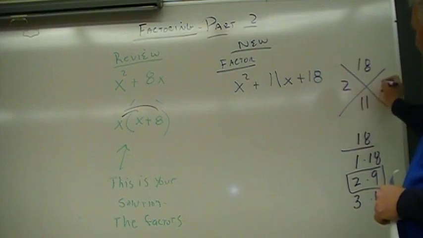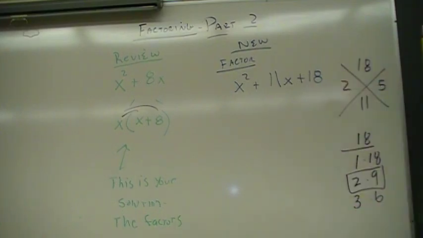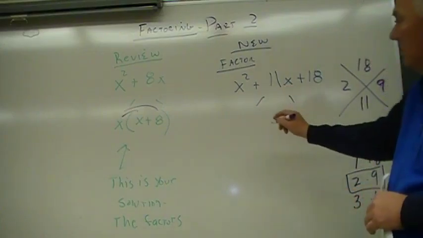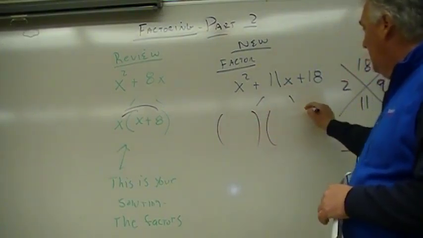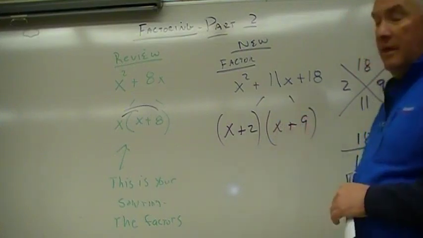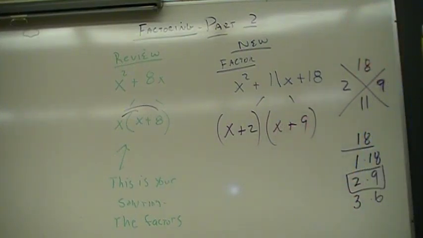And so our answer to this x puzzle is 2 and 9. 2 times 9 is 18, 2 plus 9 is 11. How does that fit for where we're going? Well, there is our answer. And we did this right before vacation when we FOILed.